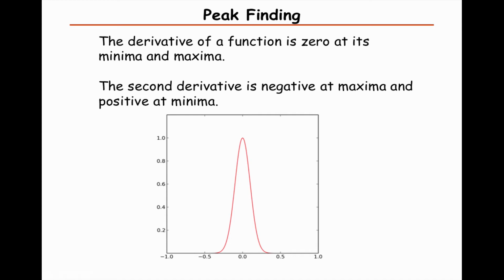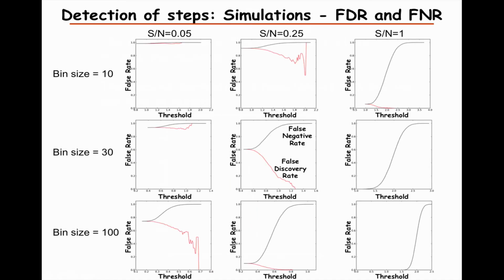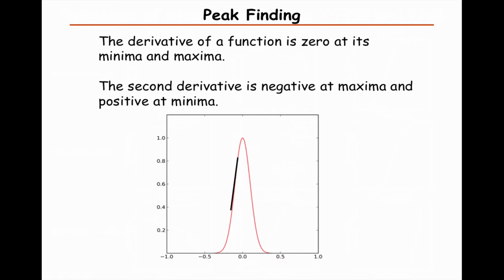In general, if you have a nicely behaved peak, you probably all know that if you take the derivative of the function, then it's going to be 0 at both minima and maxima. And then if you take the second derivative, that's going to be negative at maxima. What happens here is that the derivative at a point is positive, then at the peak it's 0, and then it's negative.